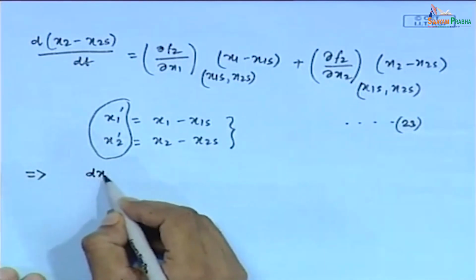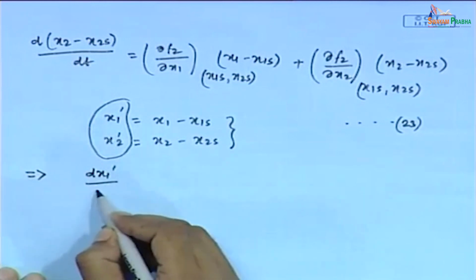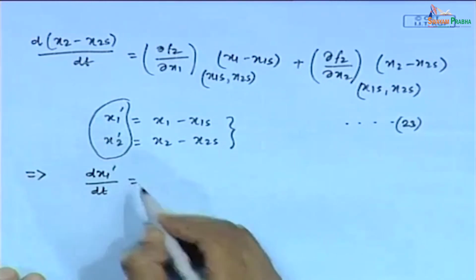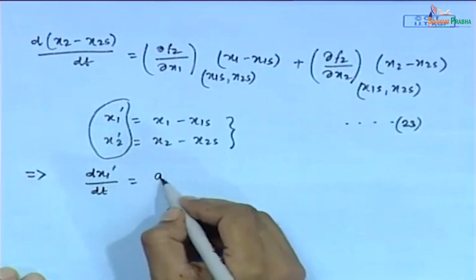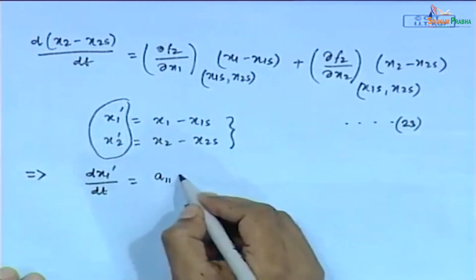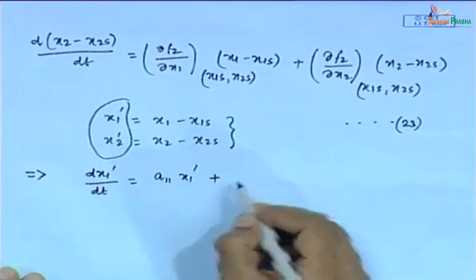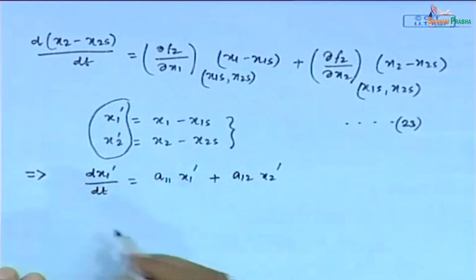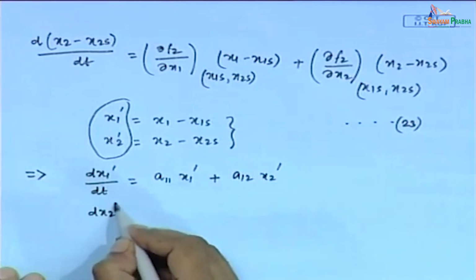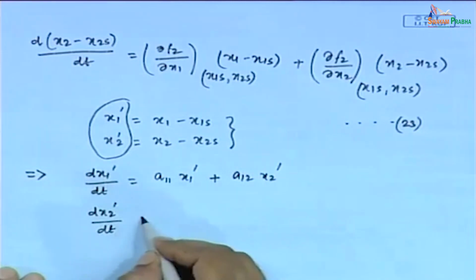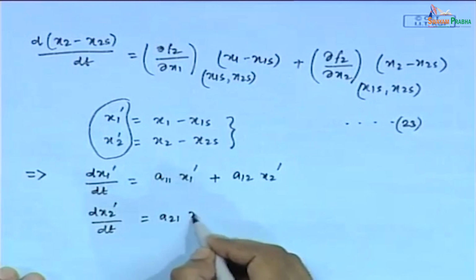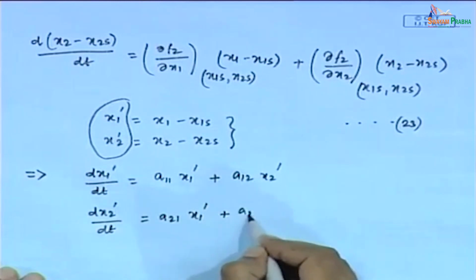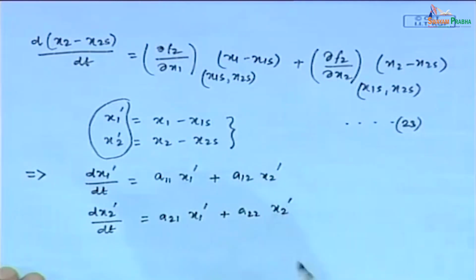So, dx1 prime/dt equal to, suppose we are using coefficients a11, a12, and for the next expression we will use a21 x1 prime plus a22 x2 prime.